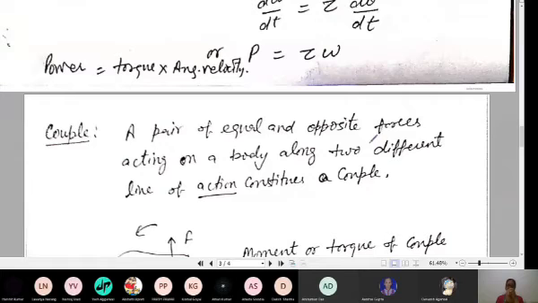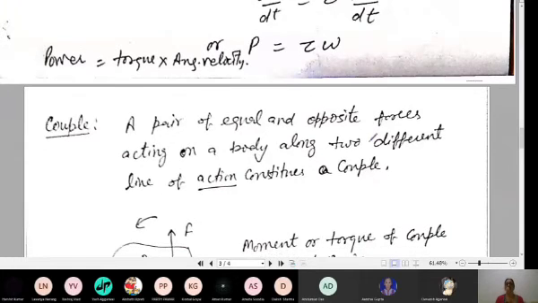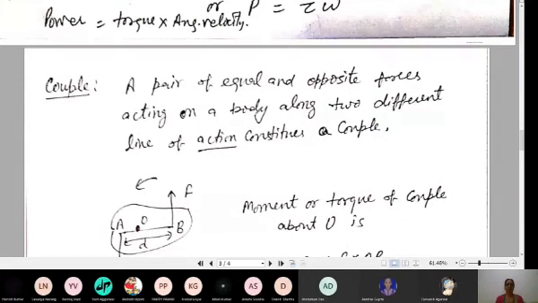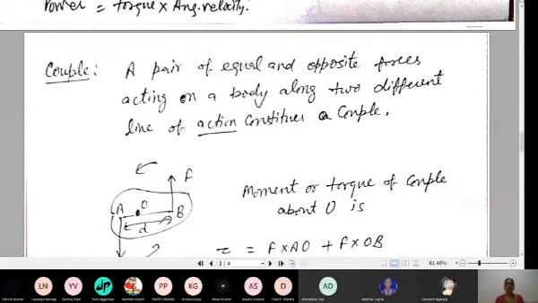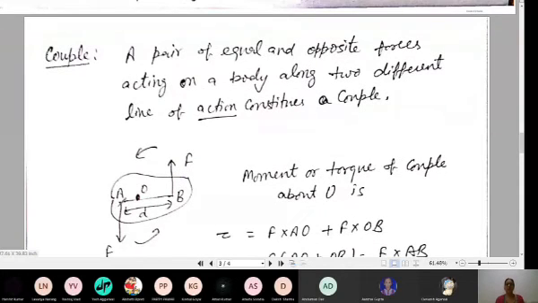These forces are acting along different lines of action. If I take this diagram, this one force F is acting in this direction, another force is acting in this direction, but the magnitude is the same, then that constitutes a couple. It means a pair of equal and opposite forces acting on a body along two different lines of action.